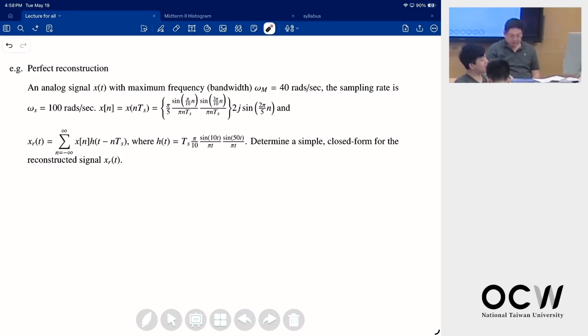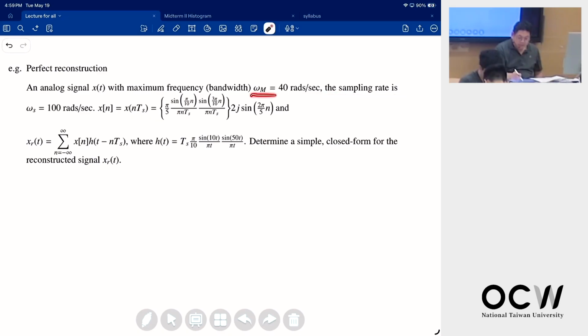So you can take a picture. What is perfect reconstruction? We sample the signal, and we try to reconstruct it perfectly. How do we make sure that we can do it? Suppose we have an analog signal with a bandwidth of 40 radians per second, and the sampling rate is 100.